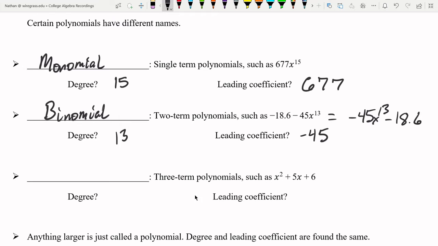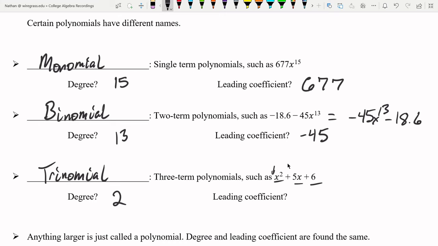Okay, if we have monomial, binomial, then a three term polynomial is a trinomial, such as x squared plus 5x plus 6. This is written in standard form. Highest power is 2, then 1, then 0. This is the constant term. The degree is the highest power, so 2. And the leading coefficient is the number in front of that.